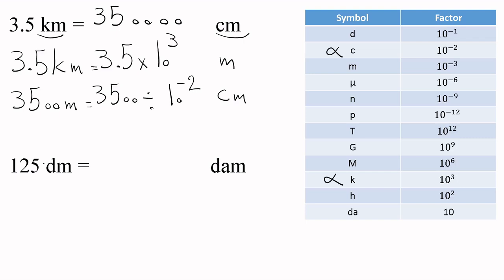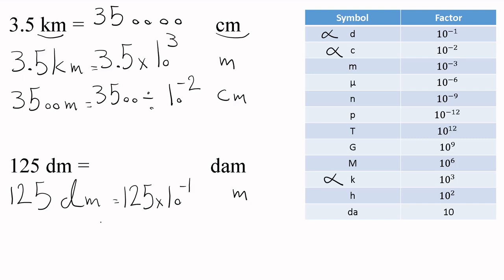Look at this one. We have both of the tricky ones here, deci and deca. What should I do? First, I must convert it to the base unit. How am I supposed to do that? By multiplying by the number of deci. So 125 times 10 to the power of negative 1. And I'm going to have 12.5 meter.